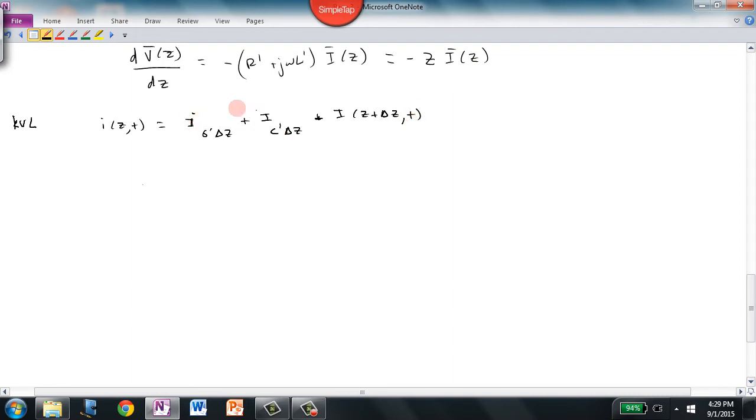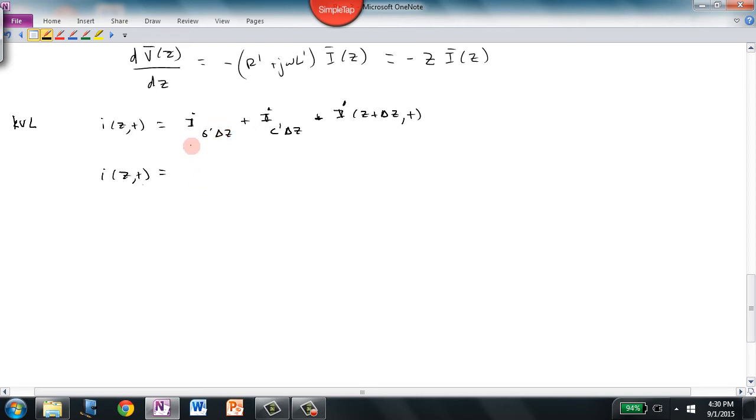Sorry, these should be lowercase because we're in the time domain. And what I want to do now is use Ohm's law and the definition of the current through a capacitor to rewrite these. So that's I of Z comma T. What's the current through a conductance?